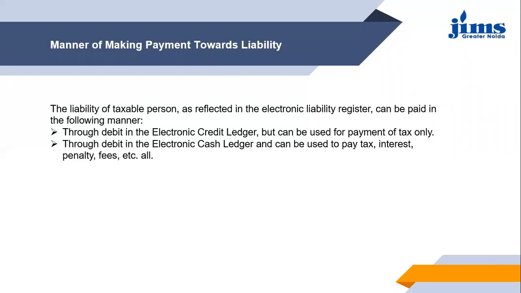So it is possible for the taxpayer to use both the credit and the cash ledger to pay off the liability. First you consume the credit balance shown in your account, and beyond that, if any further tax liability is there, then you can use your cash ledger to pay off that liability. So this is the way you can make your payment, by using both the credit ledger and the cash ledger.